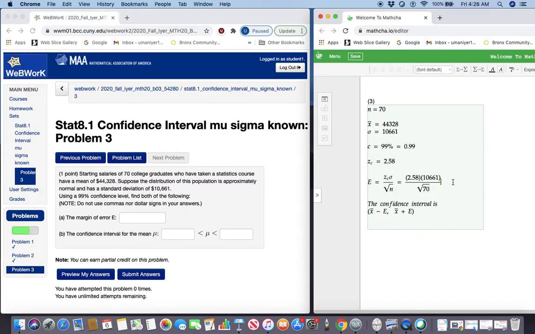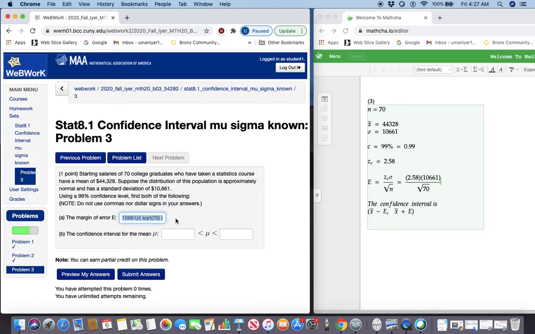So that's the setup, and that's my margin of error. I will not use a calculator, I'll simply write the expression here. Parentheses over parentheses. The denominator consists of SQRT 70, and don't forget to close the open parenthesis. The numerator consists of 2.58 times, star, 10661. That's the margin of error.